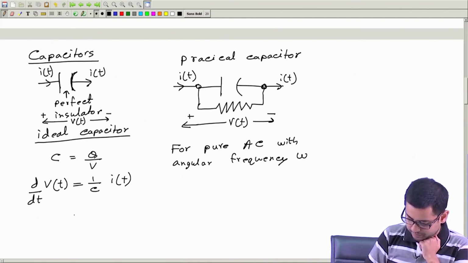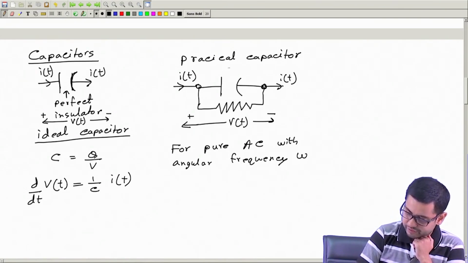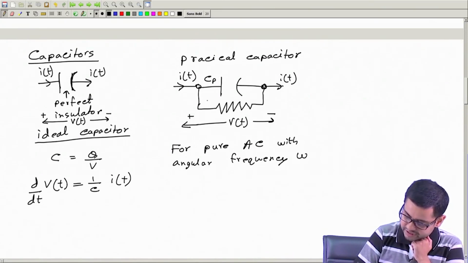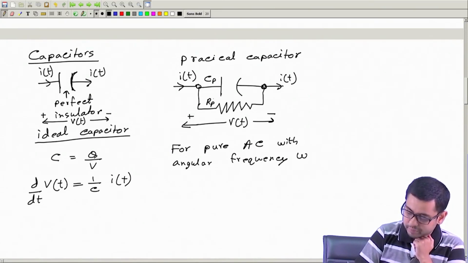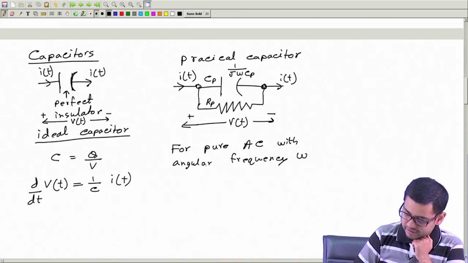So, if this capacitance is Cp and this resistance is Rp, P because they are in parallel, then the impedance of this capacitor is 1 over j omega Cp, and the impedance of the resistance is Rp.